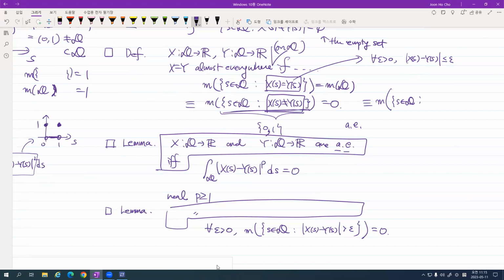So this one is, for every epsilon positive, x of s minus y of s greater than epsilon. Now, this for every epsilon was inside the set after the such that. Now you take this one outside. That is this equivalent definition. No problem so far. Got it? They are all the same.